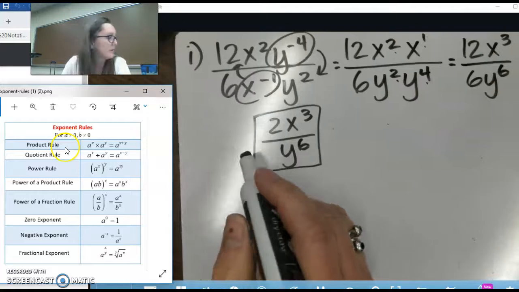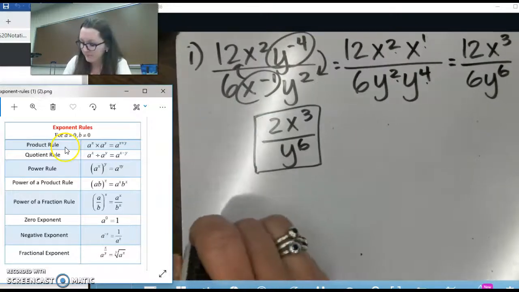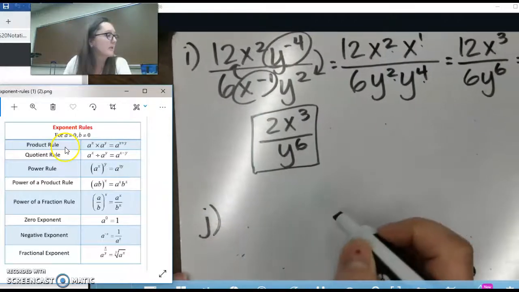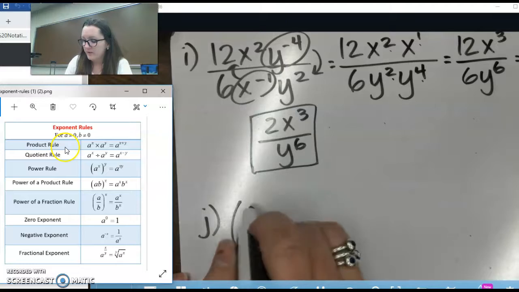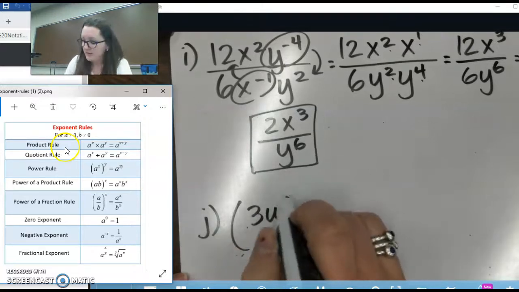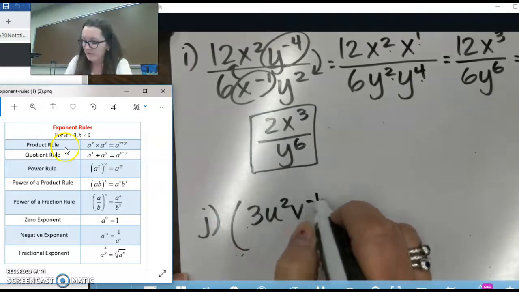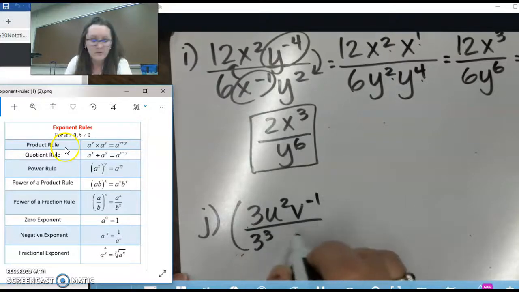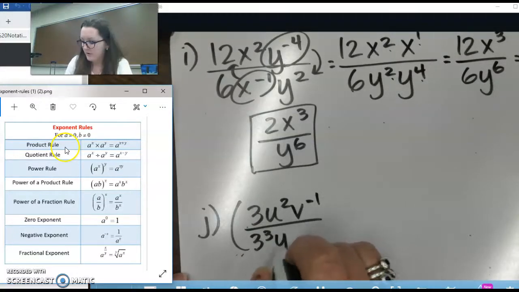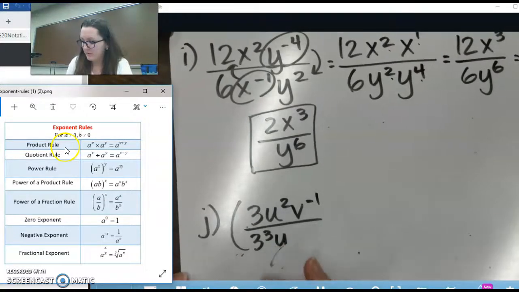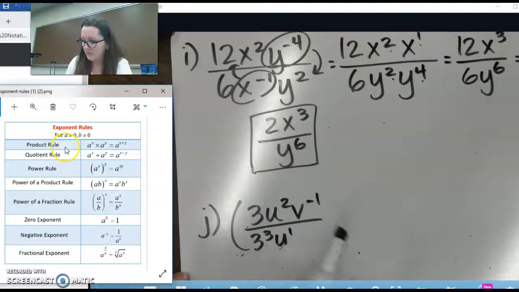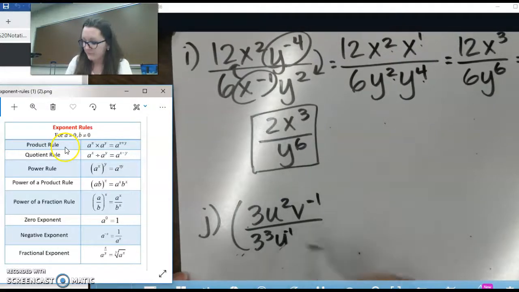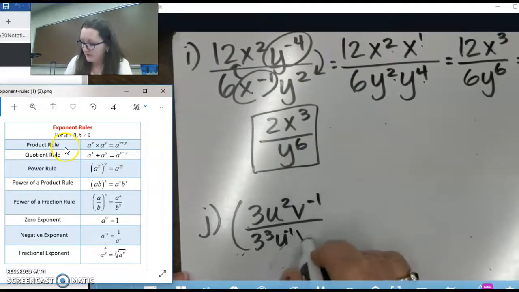All right, let's move on to J. This one has parentheses. I bet it's going to be tricky. I have 3 u to the 2nd power, v to the negative 1 power, divided by 3 to the 3rd, u to the negative 1, and v to the 3.